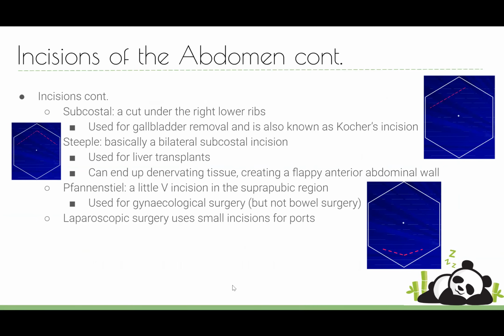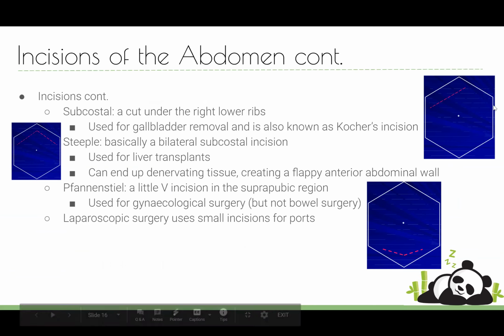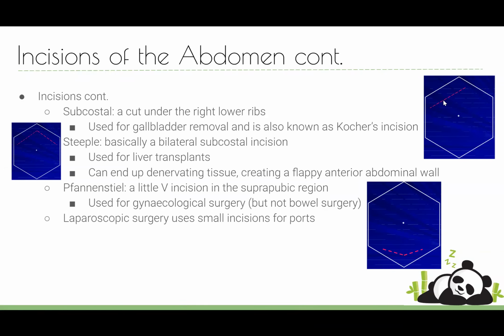Continuing with the incisions, subcostal is this one here, where they just go under the right lower ribs, and is used for gallbladder removal, also known as Kocher's incision, apparently. Chevron is a bilateral subcostal, so it's the same thing but done on both sides, used for liver transplants. Apparently it can cause a flappy anterior abdominal wall because you're denervating the tissue by doing this.